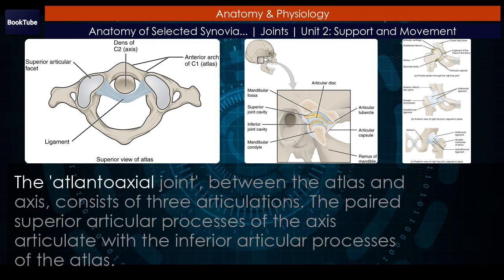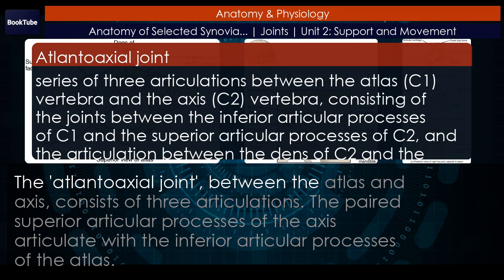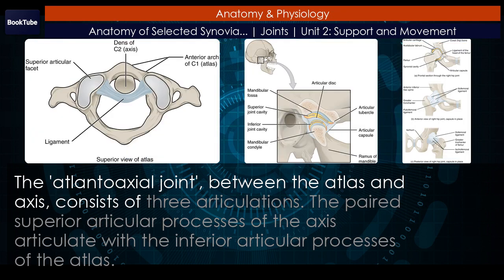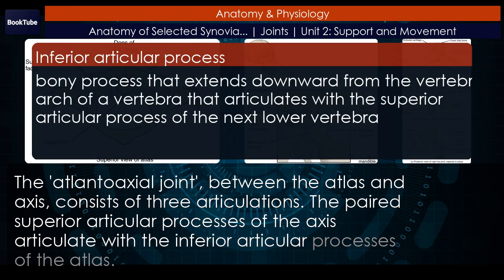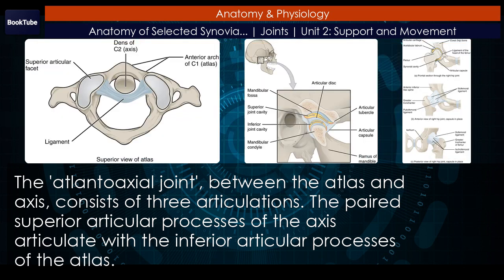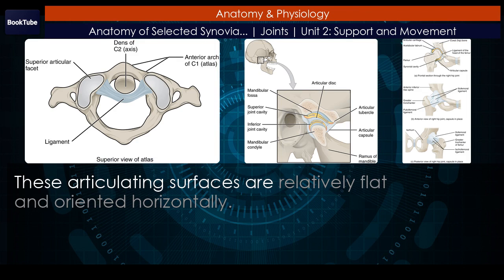The atlantoaxial joint, between the atlas and axis, consists of three articulations. The paired superior articular processes of the axis articulate with the inferior articular processes of the atlas. These articulating surfaces are relatively flat and oriented horizontally.